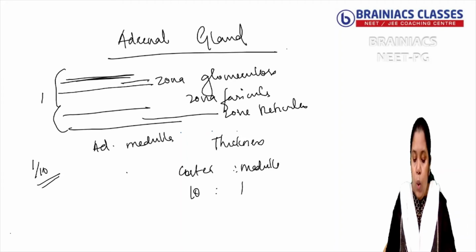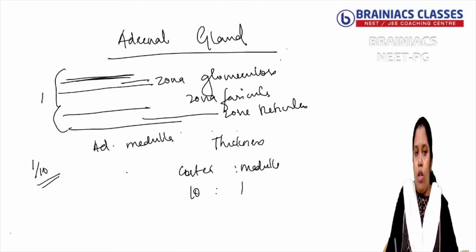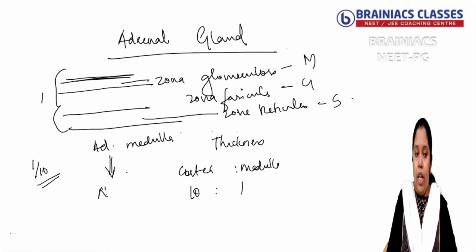Now, what are the secretions? Zona glomerulosa secretes mineralocorticoids, fasciculata glucocorticoids, and reticularis sex corticoids. The adrenal medulla secretes norepinephrine.